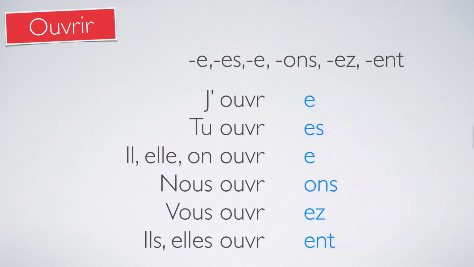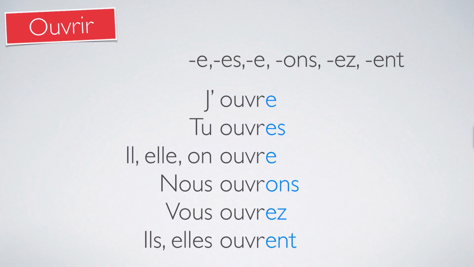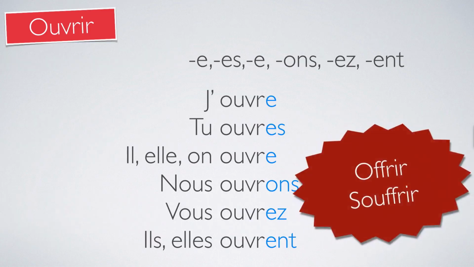So we have j'ouvre, tu ouvres, il ouvre, elle ouvre, on ouvre, nous ouvrons, vous ouvrez, ils ouvrent, elles ouvrent. And it's the same thing for offrir, to offer, and souffrir, to suffer. So for example, with offrir, j'offre, tu offres, il offre, elle offre, on offre, nous offrons, vous offrez, ils offrent, elles offrent. Okay? Well, we've got more verbs ending in IR, but I think it's enough for this video.